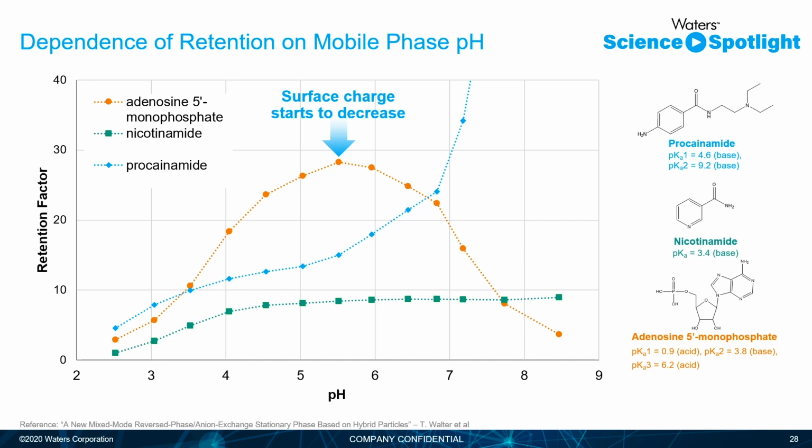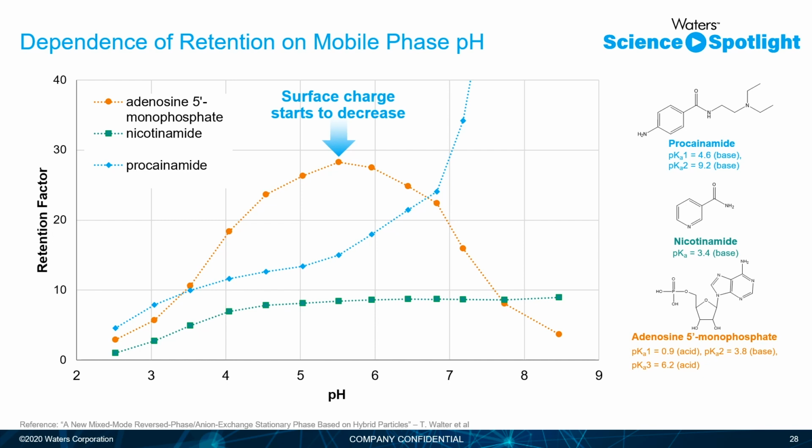But as we increase the pH, say from pH 2.5 to 5, as this analyte becomes more negatively charged, it becomes more retained on the stationary phase. As we get above pH 5, the stationary phase is starting to become weaker. Even though this analyte's becoming more negatively charged, the stationary phase is becoming more reversed phase-like, and as this analyte becomes more hydrophilic, it becomes less retained.